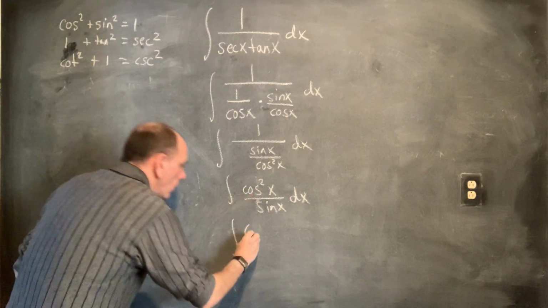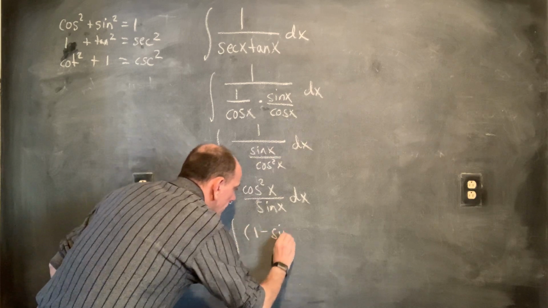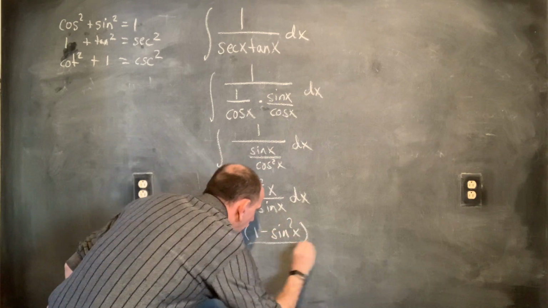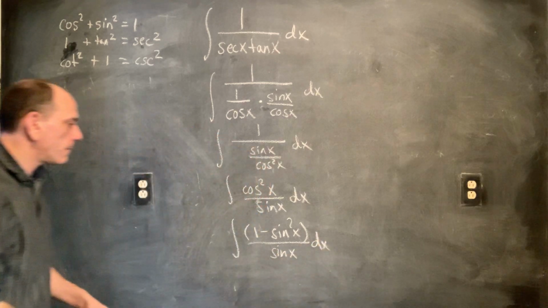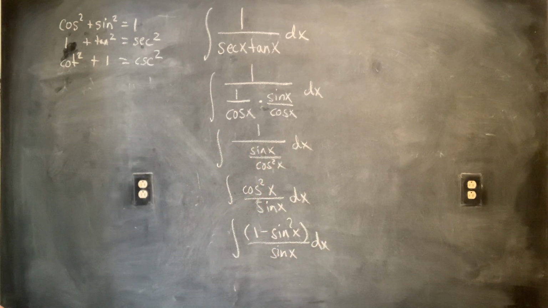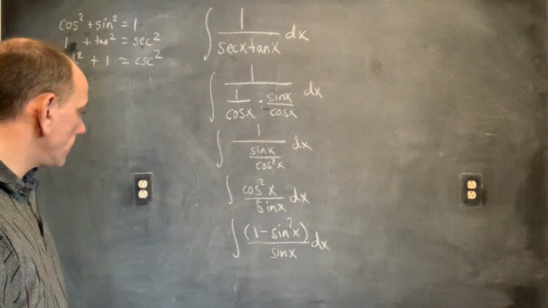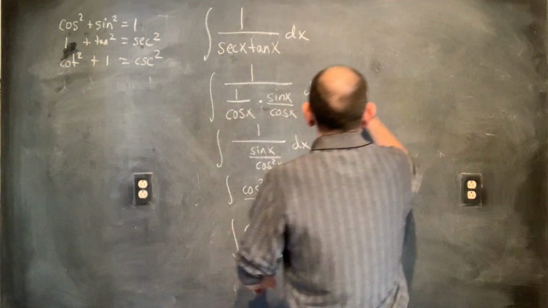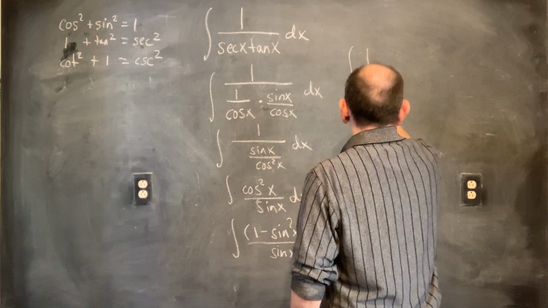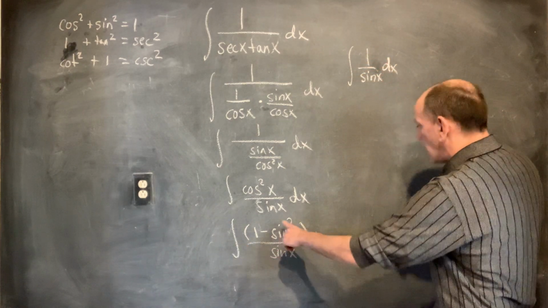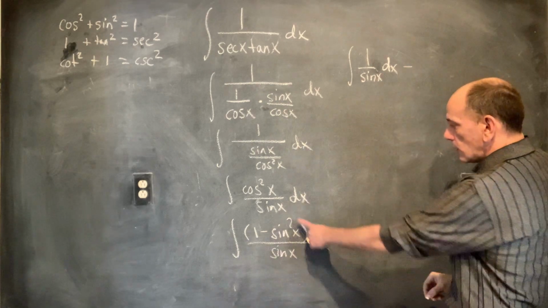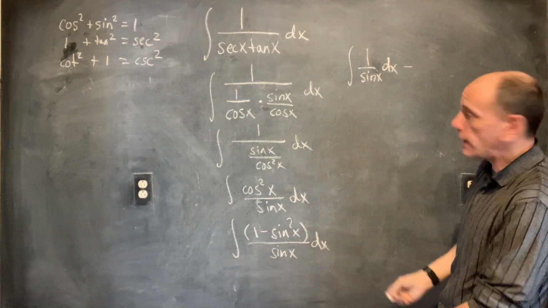And I'll say, well, cosine squared is 1 minus the sine squared over the sine dx. And I think I'm making progress now. We have integral of 1 over the sine, minus sine squared over sine is just the sine.